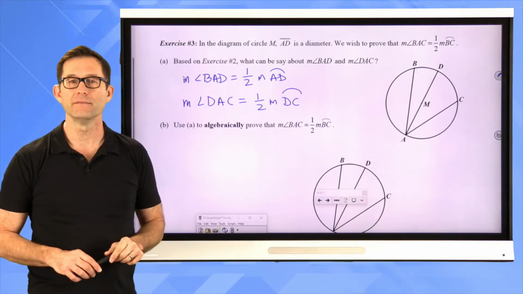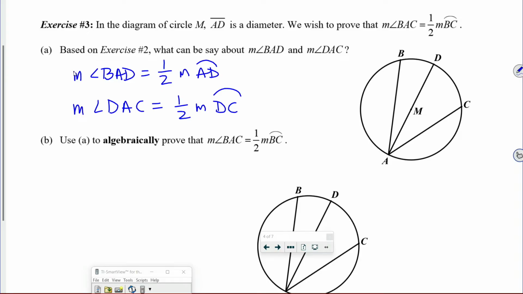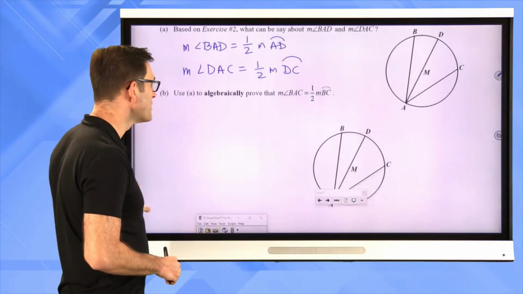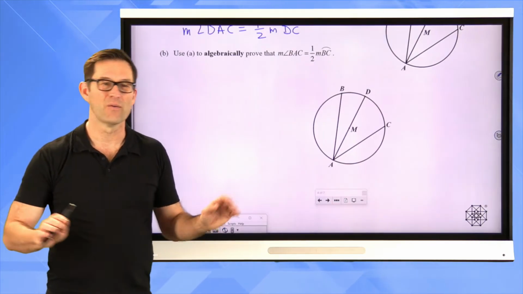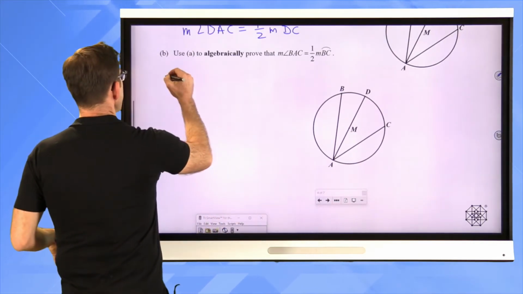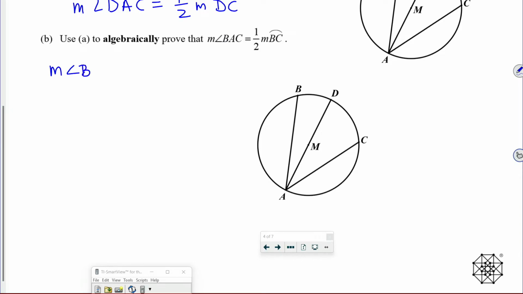Now, letter B, use A to algebraically prove that the measure of angle BAC is equal to 1/2 the measure of arc BC. All right, so now what's really cool is watch how this is going to go. I can now say that the measure of angle BAC, forgetting about the circle, is equal to the measure of angle BAD plus the measure of angle DAC.